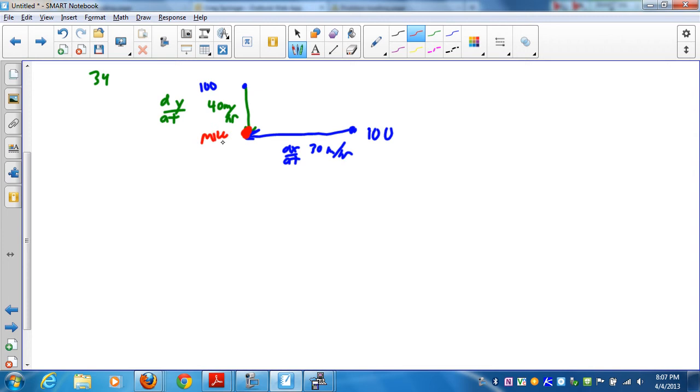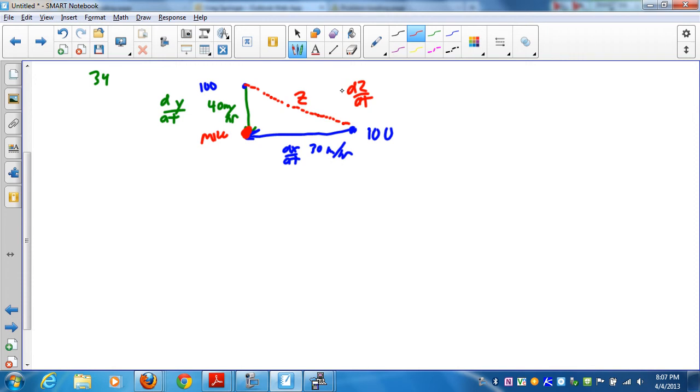Okay, it says they want to know what is the distance between them decreasing after 90 minutes. Alright, so let's call this distance z, the hypotenuse, okay? And they want to know how is dz dt decreasing?